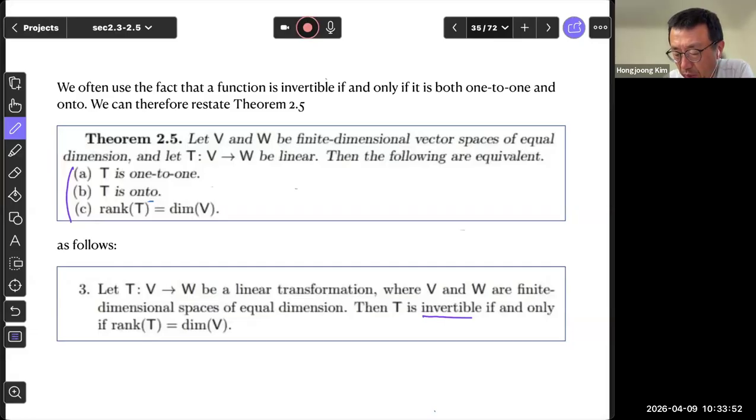So T is invertible if and only if the rank of T equals the dimension of the domain. And we proved that the dimension of the codomain also equals this rank if your mapping is invertible. That's what you can derive.